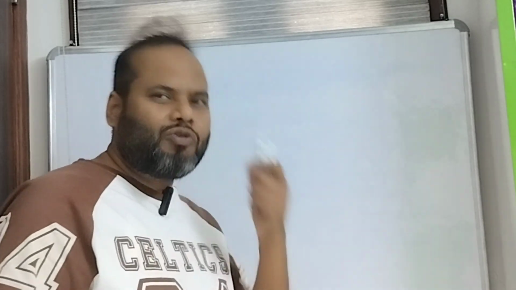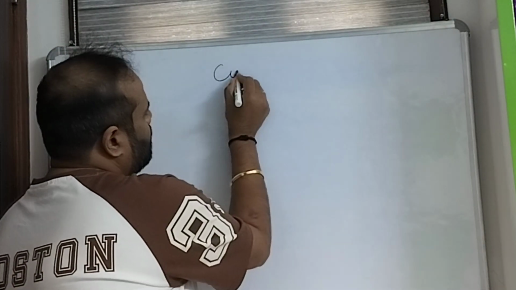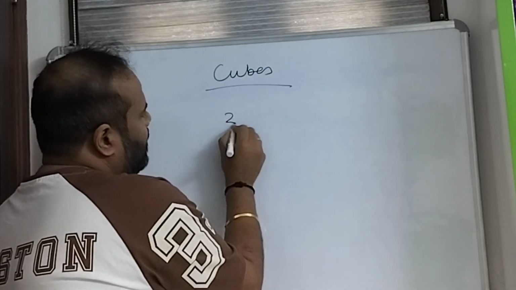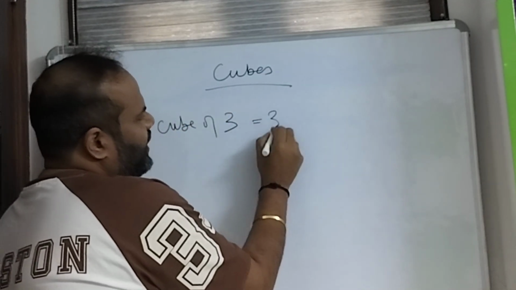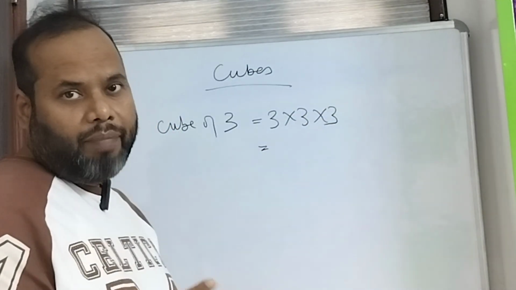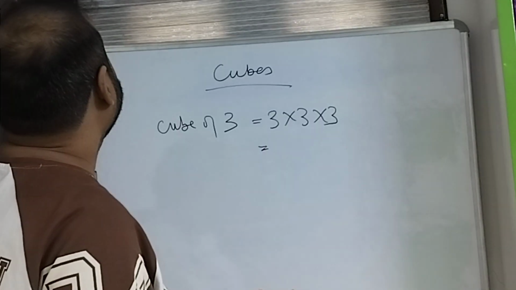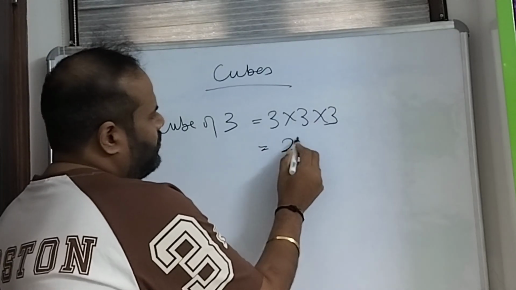Now we will be teaching you cubes and cube roots. Like squares, where a number multiplied by itself one time is a square, similarly in cube, the number which is multiplied 3 times by itself is a cube. For example, if you have to find the cube of 3, it will be 3 into 3 into 3, means a number multiplied by itself 3 times, which is 27.